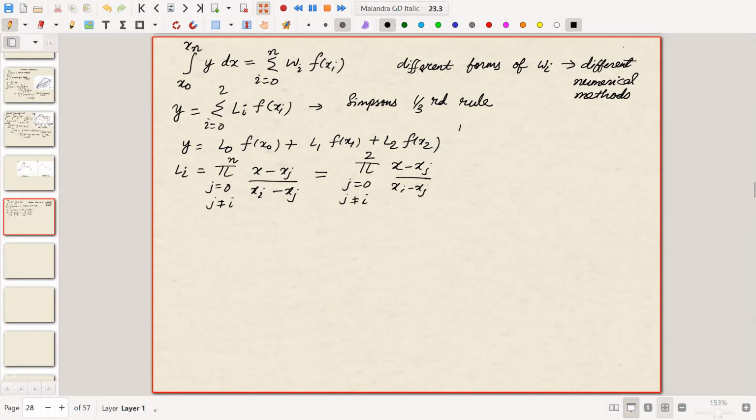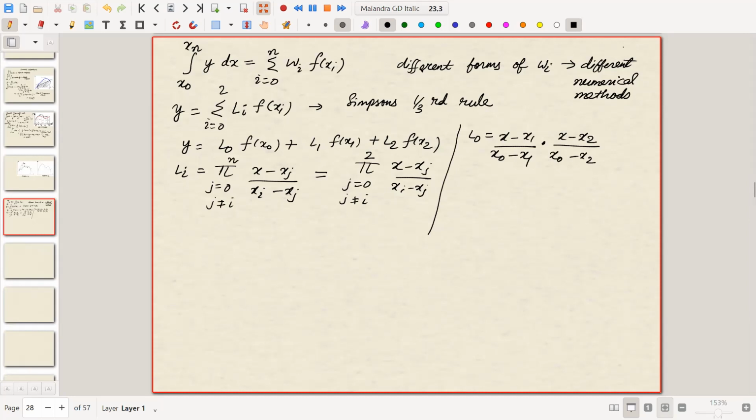So can you say what is L0? i equals 0. That means j can't be equal to 0. j only has two choices: j can be 1 and 2. For j equals 1, what will you have? And j equals 2.